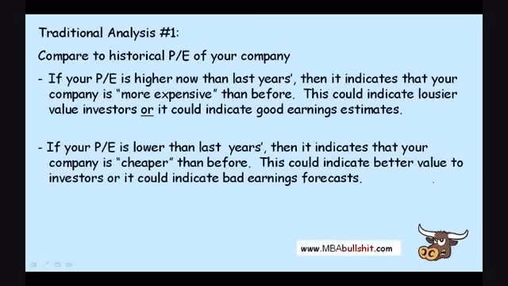Or sometimes it just has to do with the overall stock market. Sometimes most stocks in general tend to have high price earnings ratios, and that's when we're in a boom phase, boom or bust. When the economy is good, a lot of people are buying stocks.